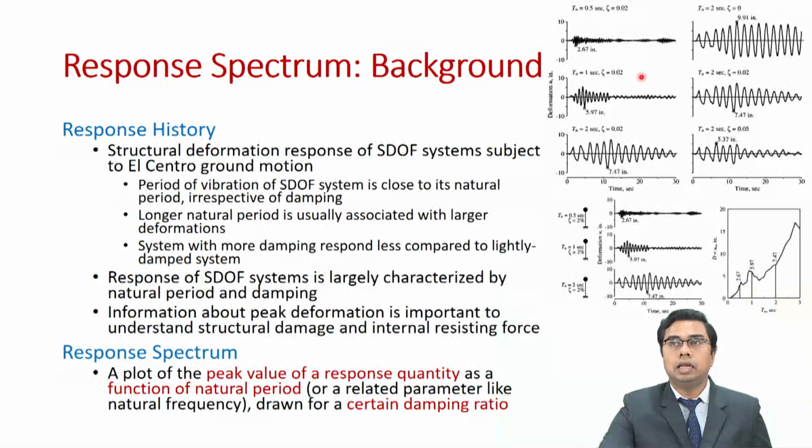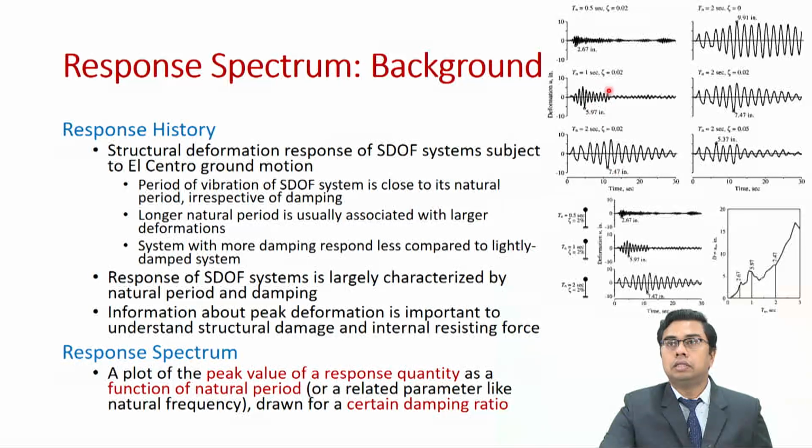One thing is very clear: as the natural period of the system changes, the period of vibration of these single degree of freedom systems also changes. The period of vibration of any of these systems is very close to its natural period, irrespective of damping.